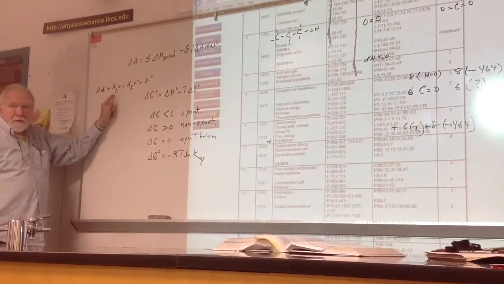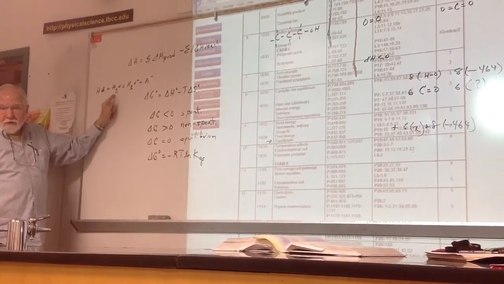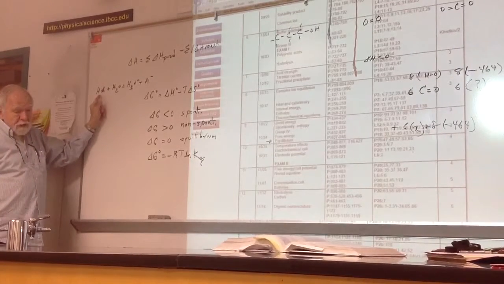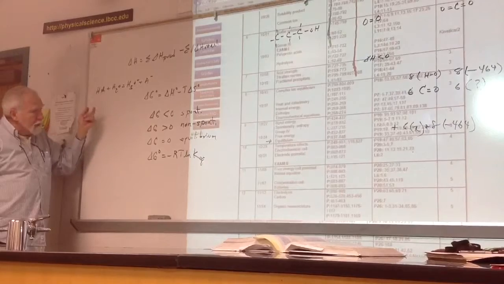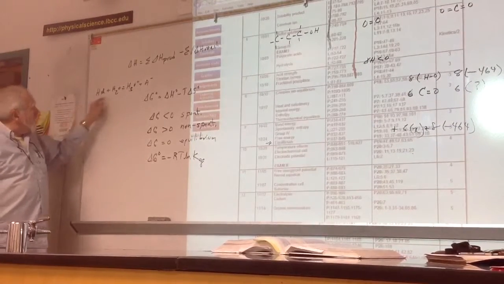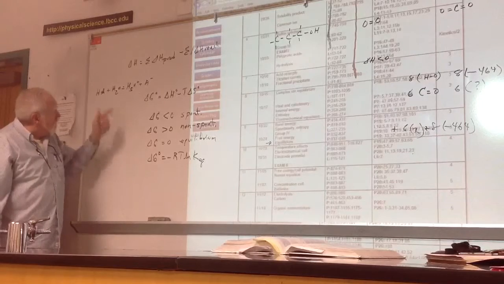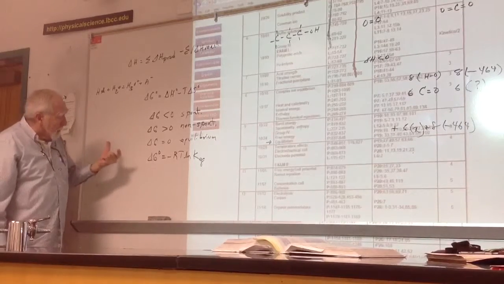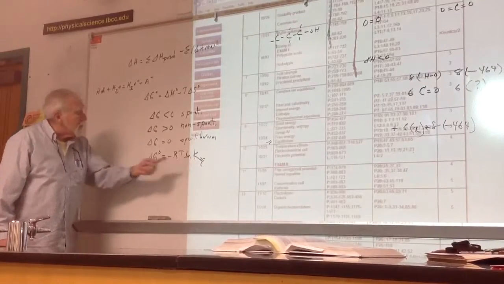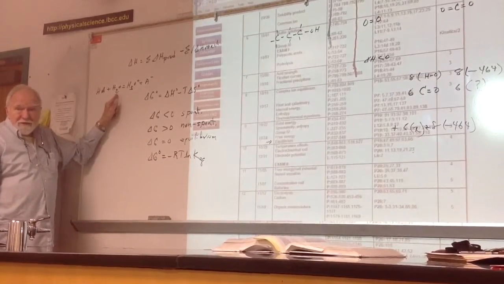That means you have to put in the free energy of formation for the H2O liquid. And you also have to put in the free energy of formation for the weak acid. So that's why it's a thermodynamic equilibrium constant, because you put in all these free energy changes to calculate it by sum of products minus reactants, you get this number. That means the equilibrium constant theoretically has this in it.